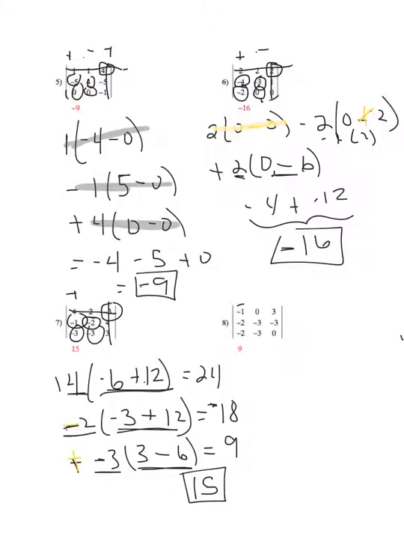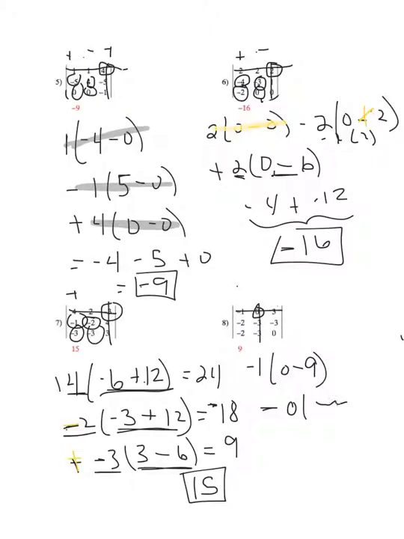And the last one, I'll take this determinant, so negative 1 times its 2 by 2 determinant. So that's negative 3 times 0 minus negative 3 times negative 3. Okay, that was the plus. It goes every other one. So then I'll have a minus this 0 times its determinant.